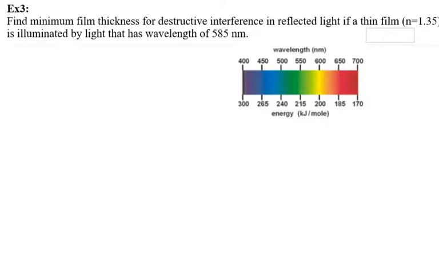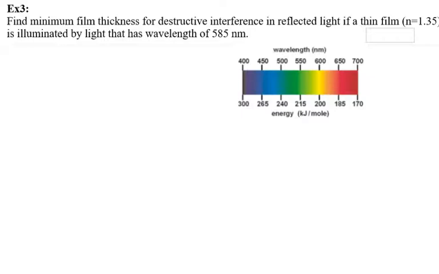In the next question, they say find the minimum film thickness for destructive interference in reflected light if the thin film, with the given index of refraction 1.35, is illuminated by light that has a wavelength of 585 nanometers.